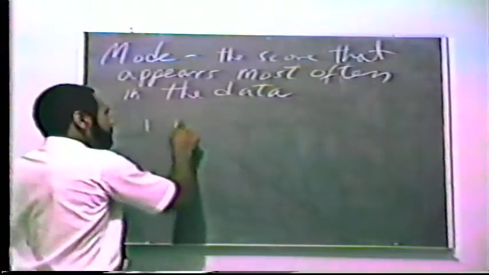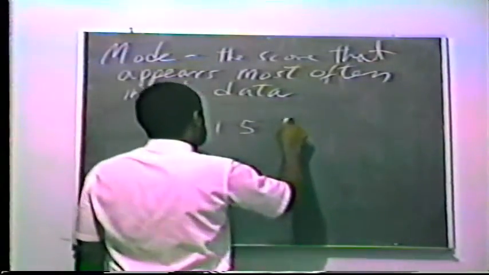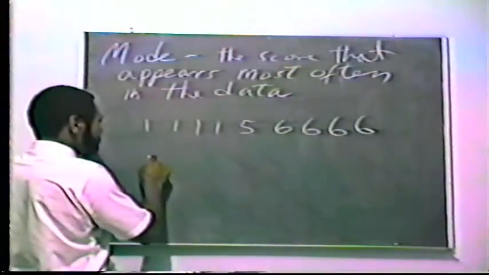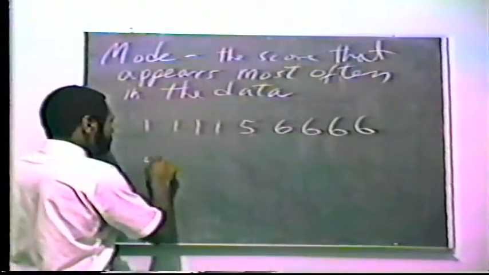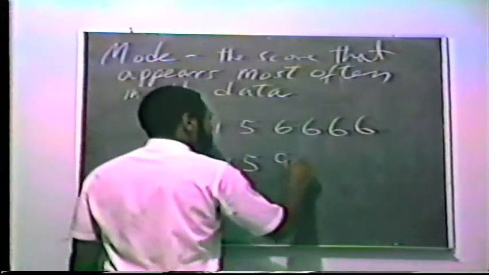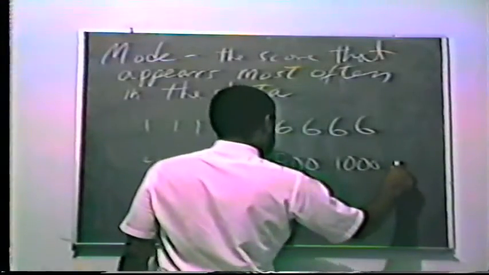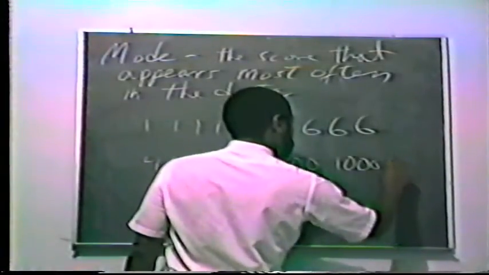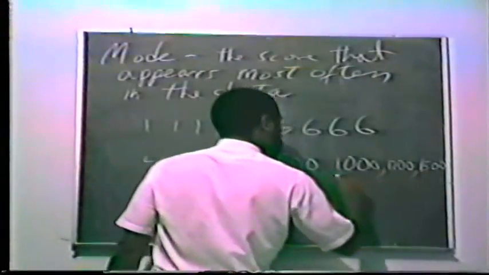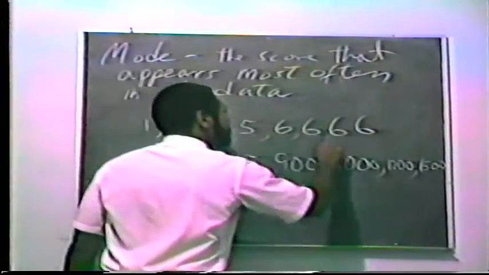For example, I could have this data set, then I can have this data set. I can have those two data sets.